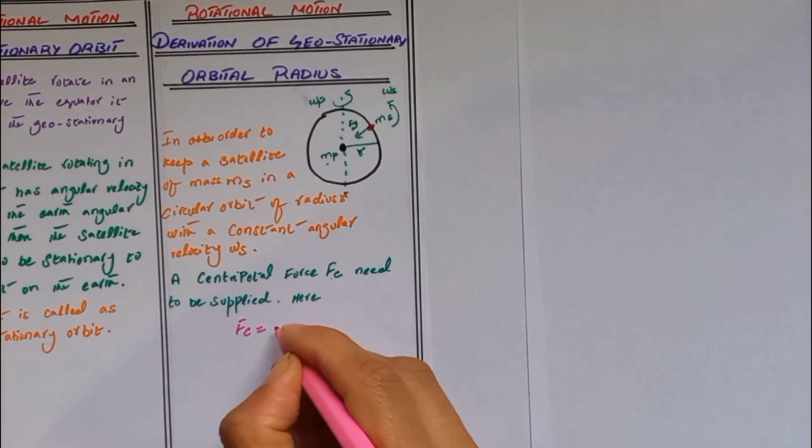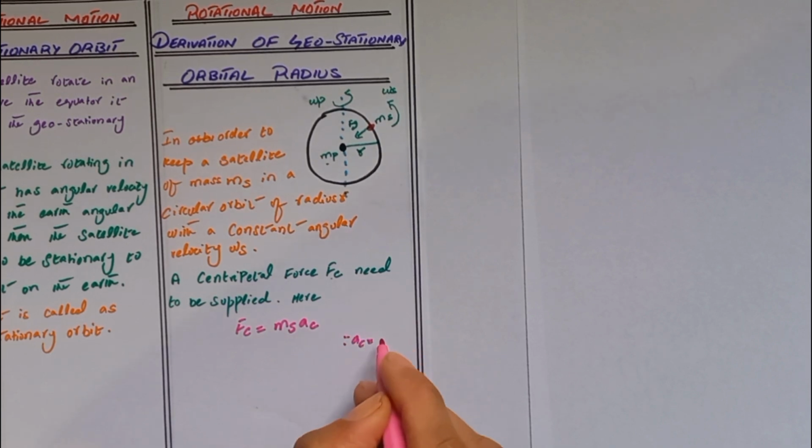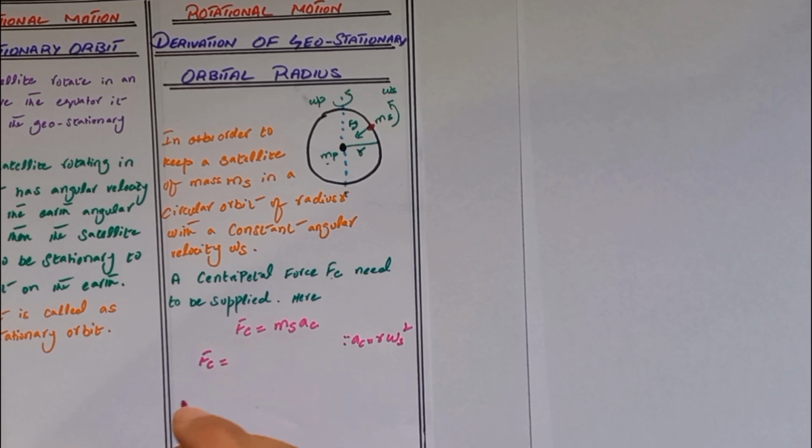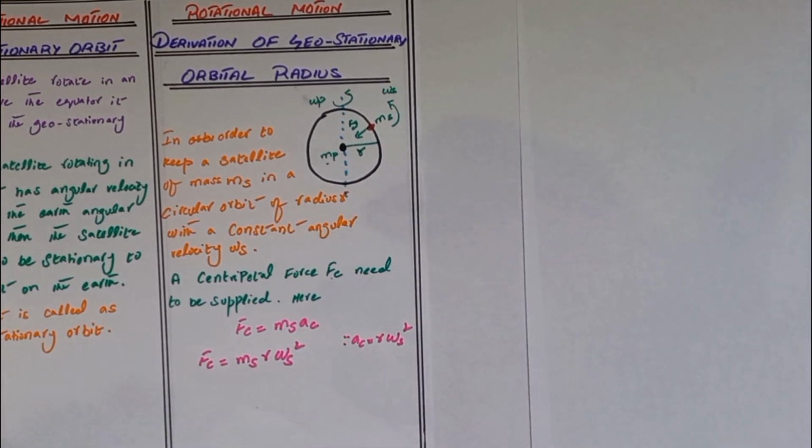Fc is equal to ms ac. Here ac is equal to r omega s square. So we can write it as ms r omega s square.